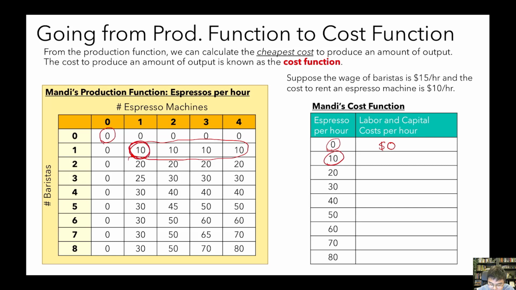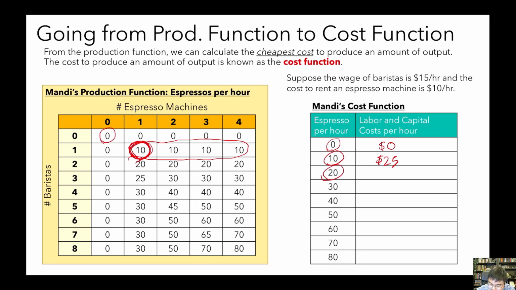And so what's the cheapest? Well, it's to hire 1 barista and rent 1 espresso machine, right? And since baristas are $15 an hour and espresso machines are $10 an hour, the total cost to make 10 espressos per hour is going to be $25 an hour, okay?